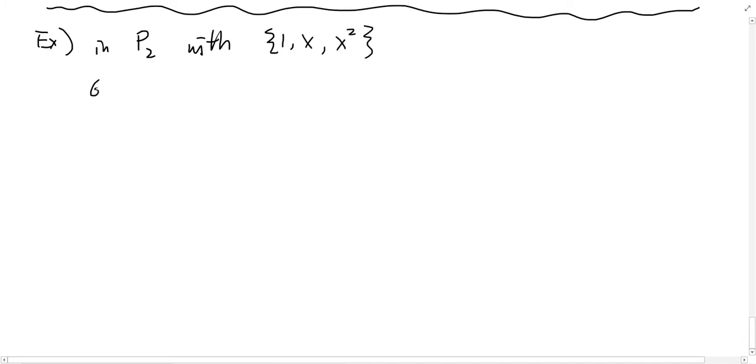Let's say we're given two polynomial functions, which I can call vectors in the vector space P2, but let's just call them polynomial functions.